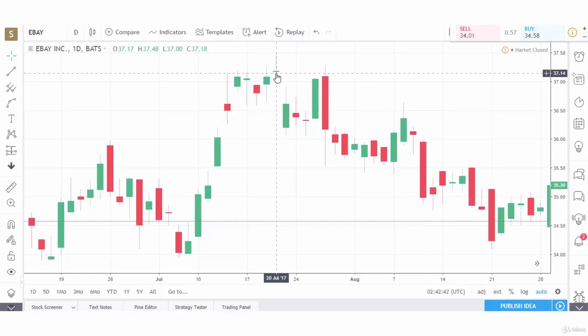So the opening and closing price, which we can see in the upper left, the stock opened at 37.17 and closed at 37.18. So literally there's 1 penny difference in the opening and closing price after the stock had traded up to as high as $37.48 and a low of $37. So this would definitely have gotten our attention as a possible shorting opportunity.